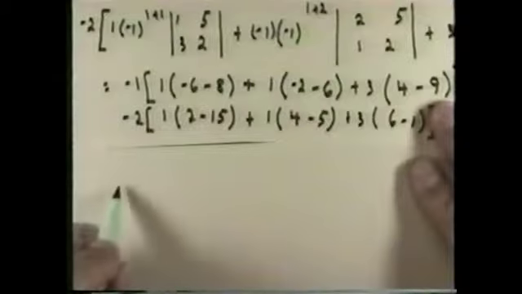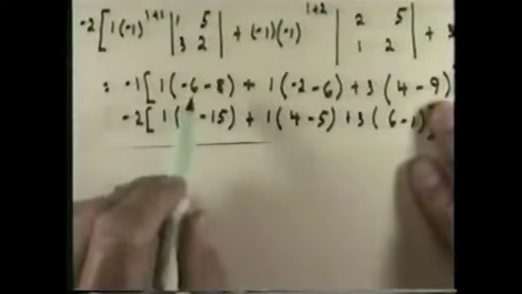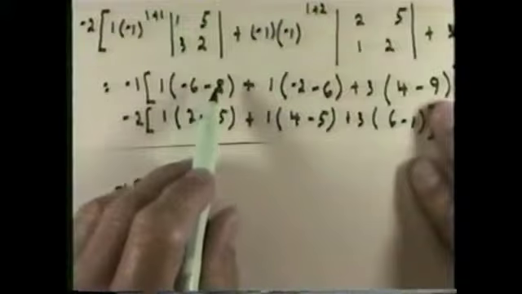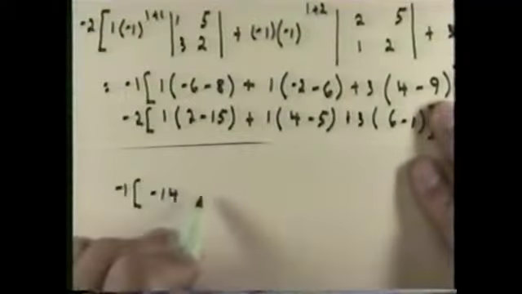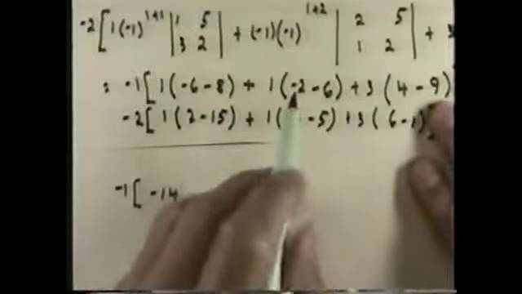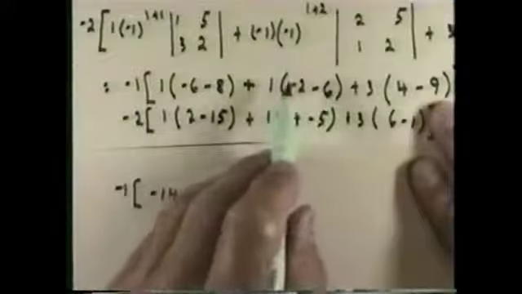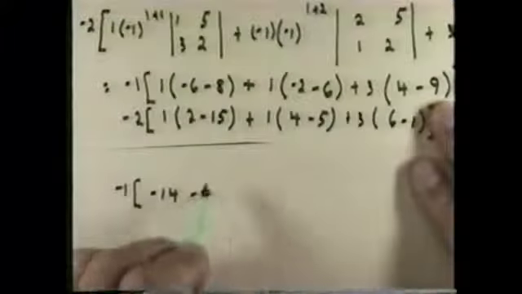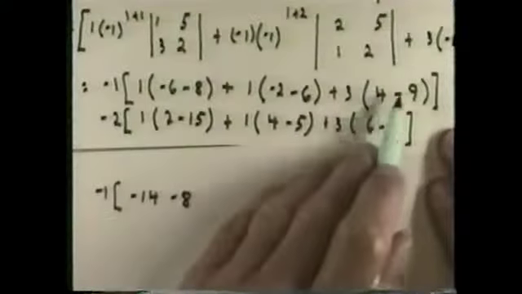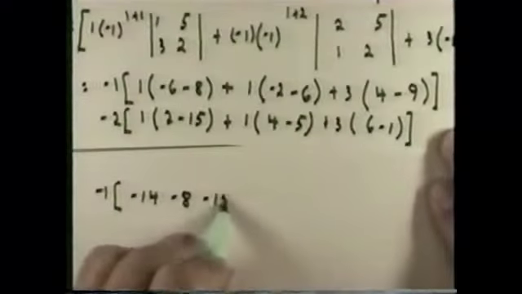So this is going to be a negative 1 times, okay, negative 6 minus 8 is negative 14 times 1 is negative 14. Negative 2 minus 6 is negative 8 times 1 is negative 8. 4 minus 9 is negative 5 times 3 is negative 15.